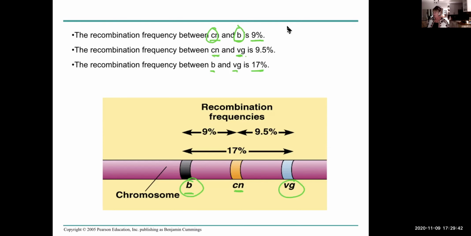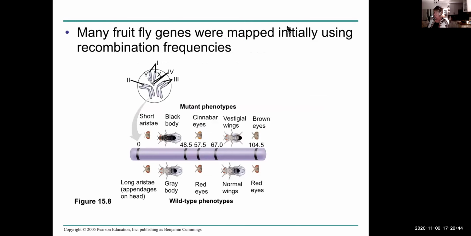So I showed those chromosomes before, and they show exactly where certain traits are right on the chromosome itself. Now, you can't really tell absolutely, but you can tell relatively depending on how often this recombination occurred. Yeah, so this is a mapped chromosome.